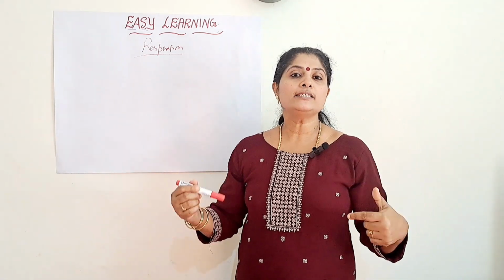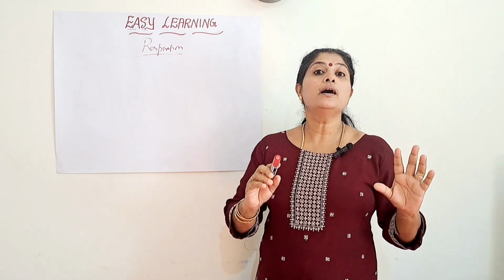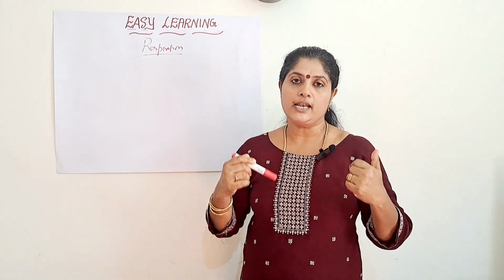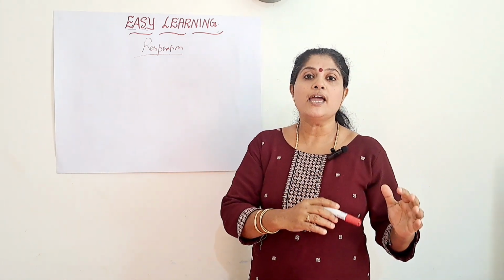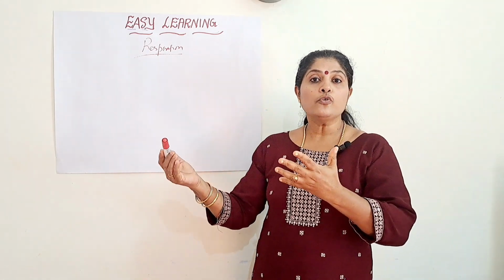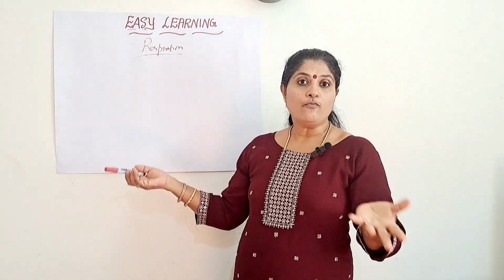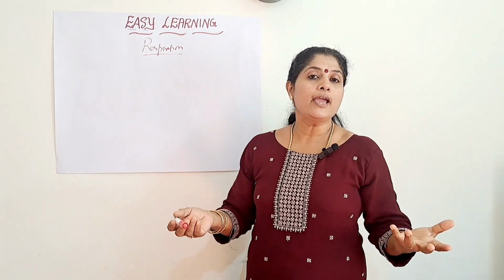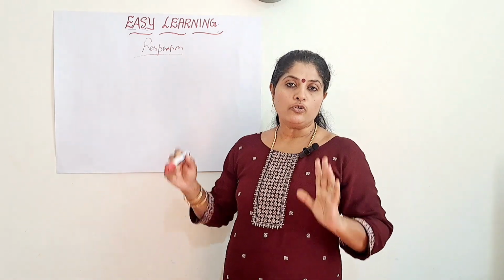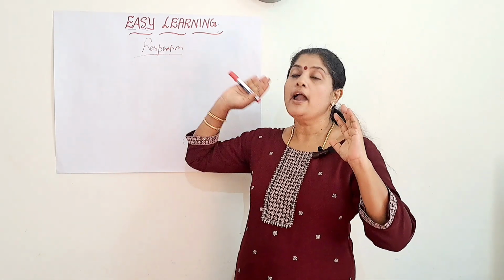It helps to burn the food which we have taken inside. So with the help of that oxygen, the food is burned, and then what is produced? The waste products, carbon dioxide and water, are produced and eliminated, along with some amount of energy. That is the main important thing regarding respiration.